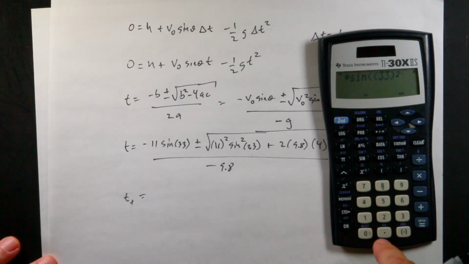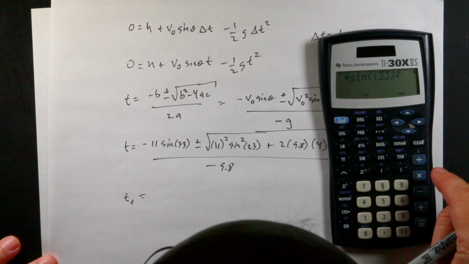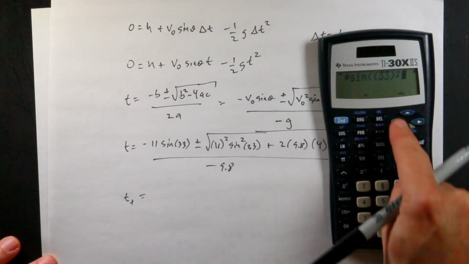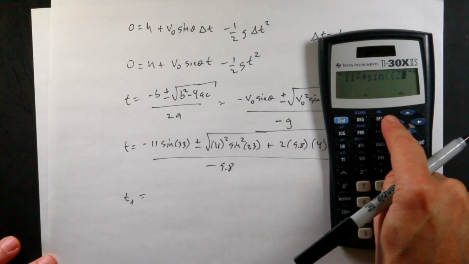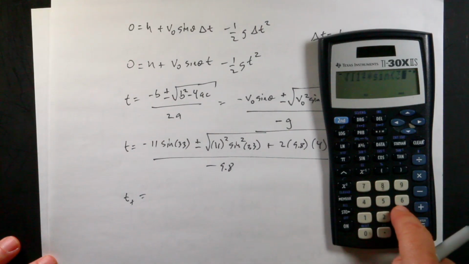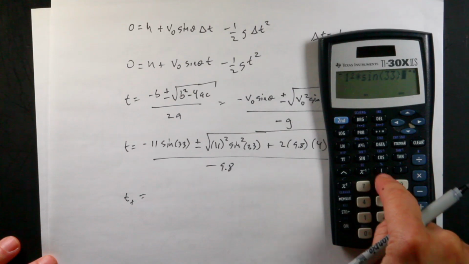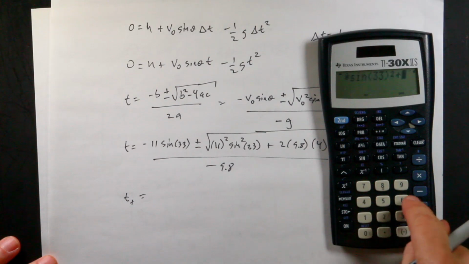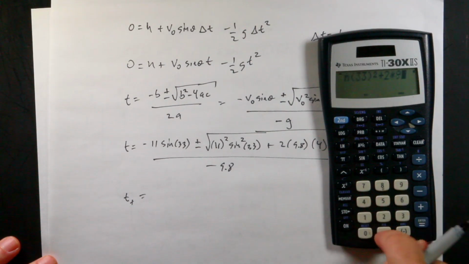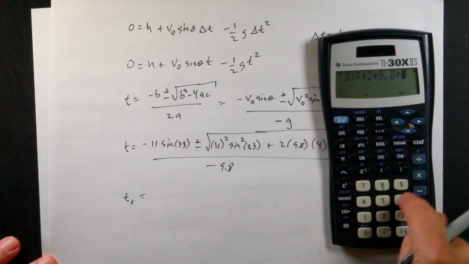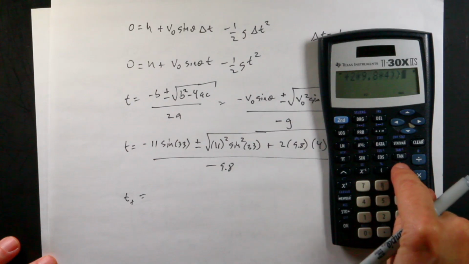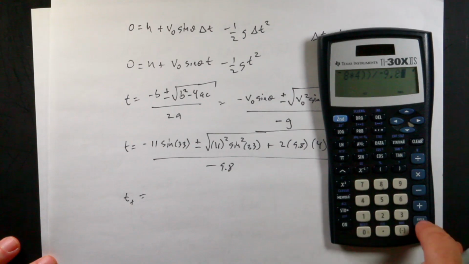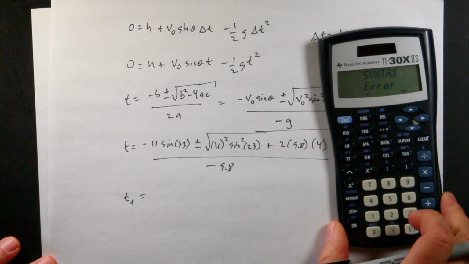That looks weird, but that's the way you do it. Oh wait, what the heck? How'd I go back one? Sine 33 squared. I think that's right. Plus 2 times 9.8 times 4, close parentheses, divided by negative 9.8, enter. Error. Crud.